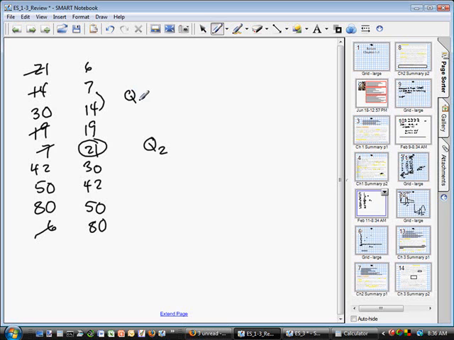So quartile 1, I should just write this down too. Shouldn't put a colon in that thing. Never. Okay, and this group down here, there's 4 again. What's the midpoint of those two? 42 and 50, there's a distance of 8, so that would be 46, wouldn't it?